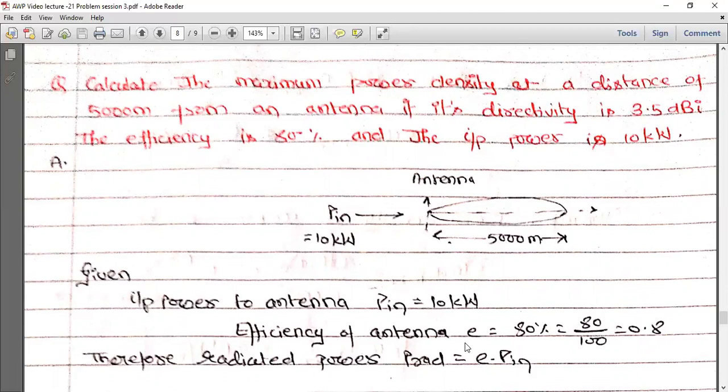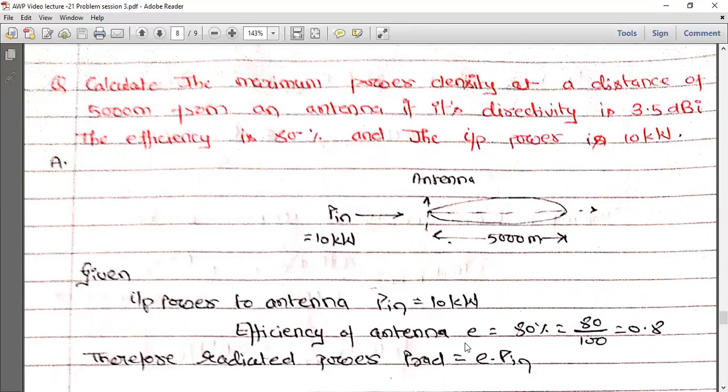So what you have to find out is the power density at a distance of 5000 meters.